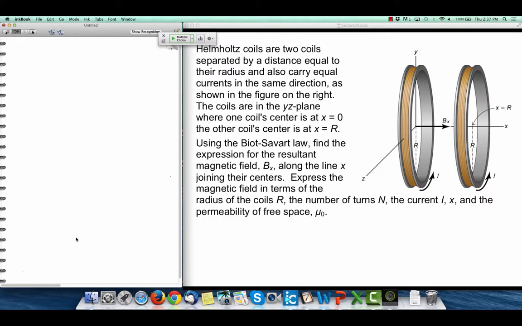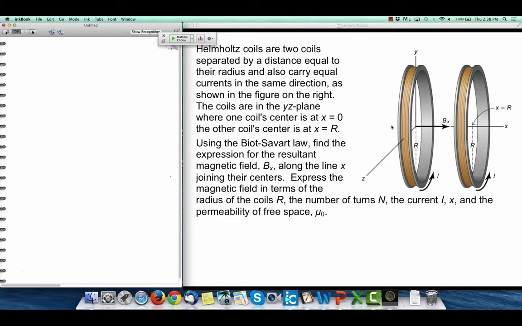Lots of times, people will put together two coils of wire that are wound the same way, with current going around the same way. If you think about it, use the right-hand rule. If current is going around like this, then the magnetic field is going to point to the right due to that coil on the left.